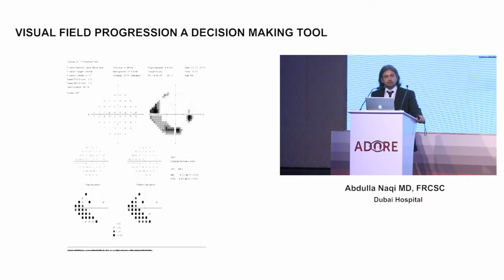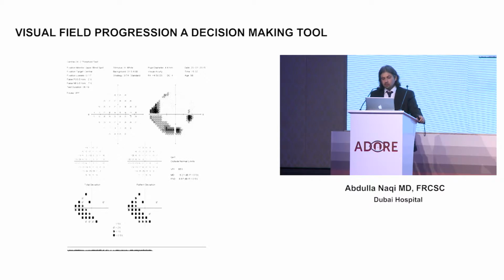A lot of practices only see this single printout, which is good to diagnose glaucoma. It's good to check for maybe new scotomas, but it's not the actual way to look for visual field progression.